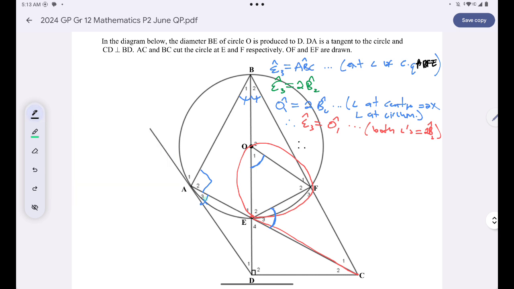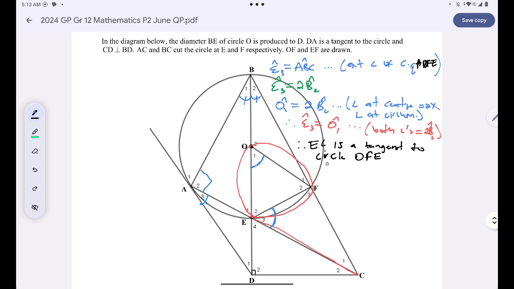So I can therefore conclude that EC is a tangent to the circle OFE.